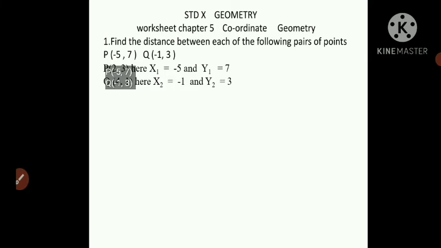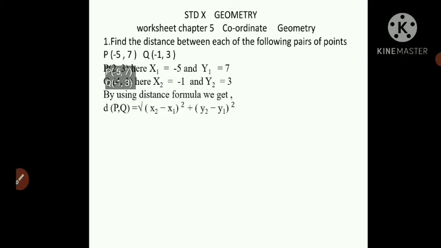So x1 is minus 5 and y1 is 7. x2 is minus 1 and y2 is 3.